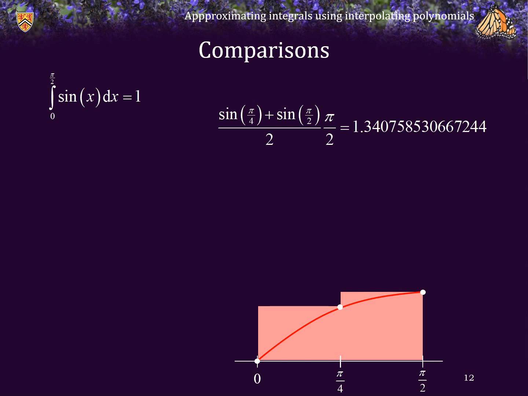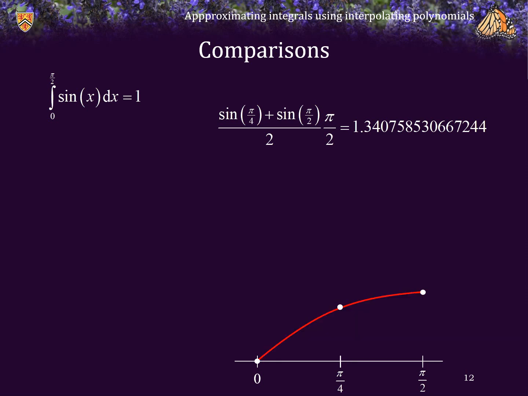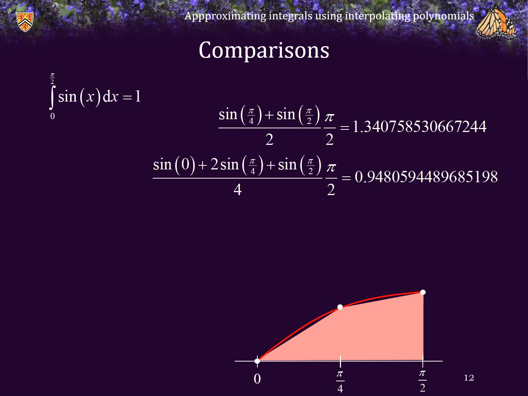The relative error is 34%. Next, let's calculate the area of these 2 trapezoids. It's a much better approximation with a relative error of only approximately 5%. So we went from a 34% relative error down to a 5% relative error.